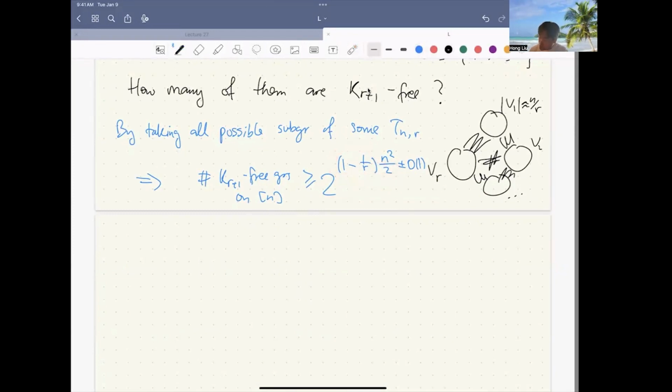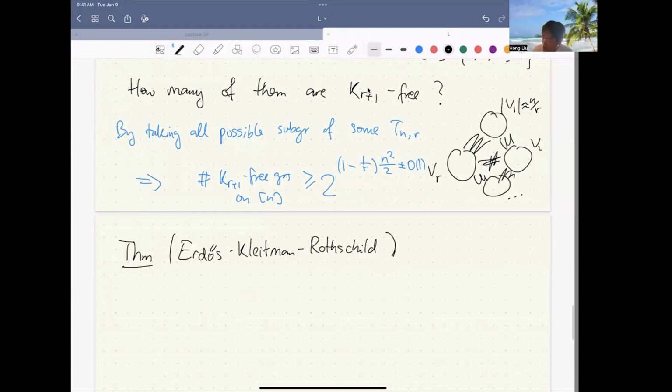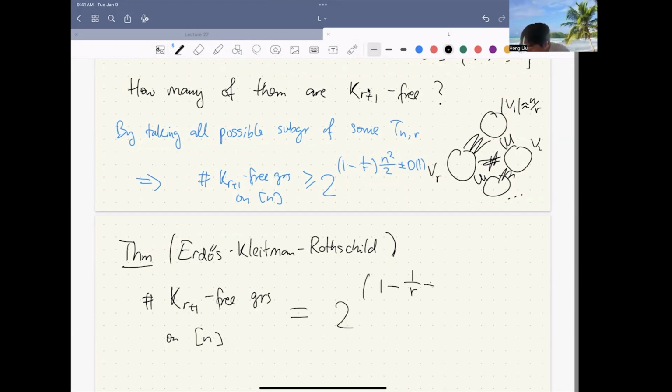So we want to show, this is a theorem by Erdős, Kleitman, and Rothschild, in the 70s or 80s, I don't quite remember, 80s maybe, we can check the year, that the number of K_{r+1}-free graphs on the first n integers, so labeled, equals 2 to the (1 minus 1 over r plus or minus little o(1)) n squared over 2.